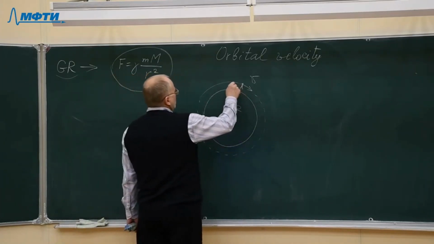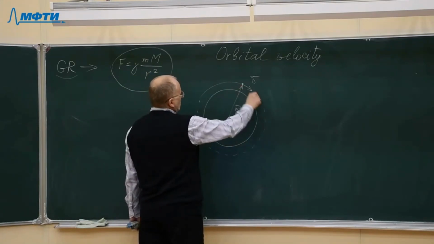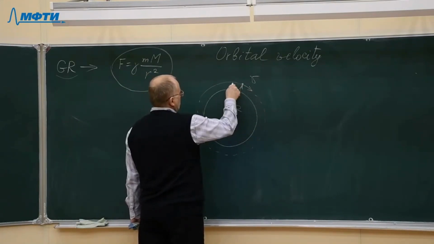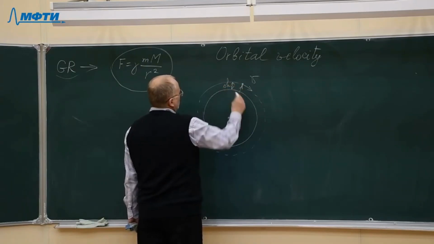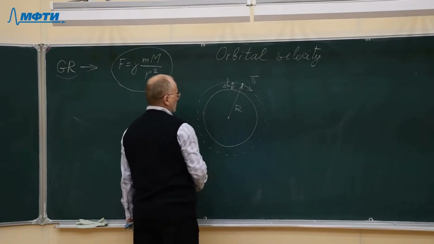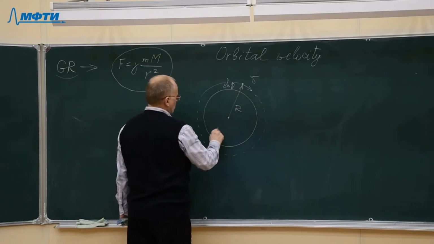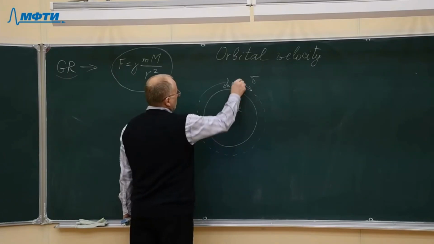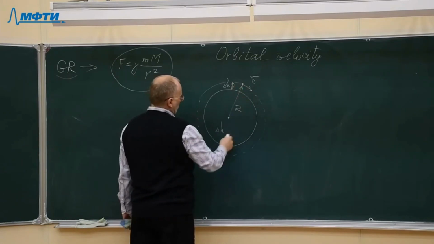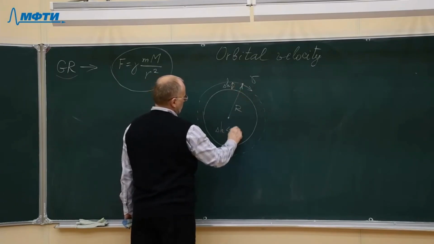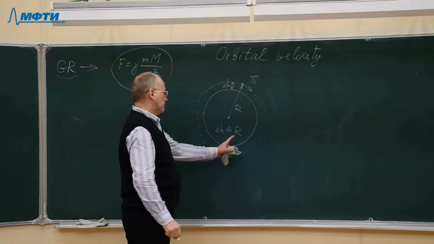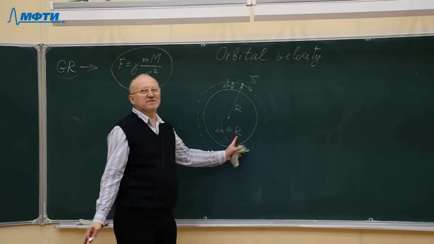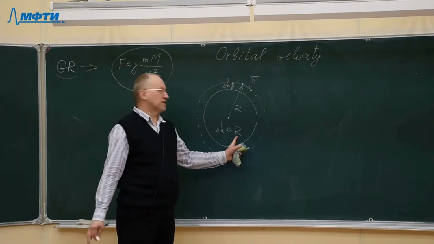The orbits that we will consider are actually very close to the surface of our planet, so that this distance, delta h, is small compared to the radius. So delta h, the height of the orbit, is much smaller than the radius of our planet. The radius of our planet is about 6,400 kilometers.